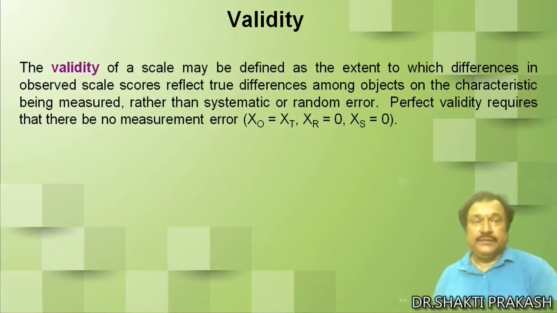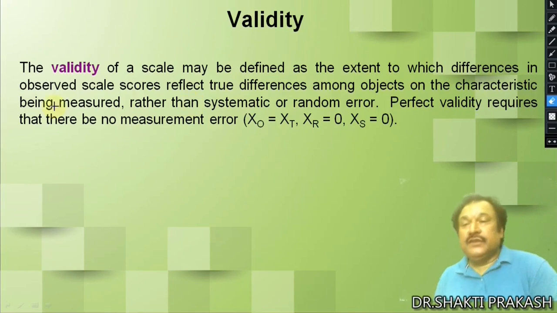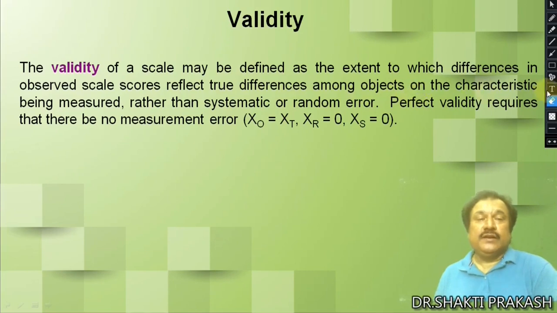What is validity? The validity of a scale may be defined as the extent to which differences in the observed scores reflect true differences among the objects on the characteristic being measured, rather than systematic or random error.